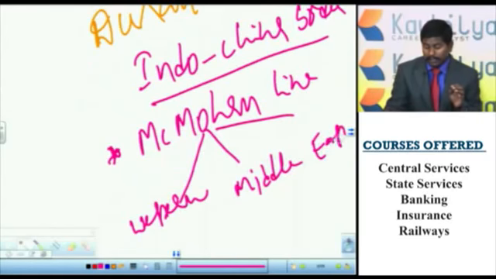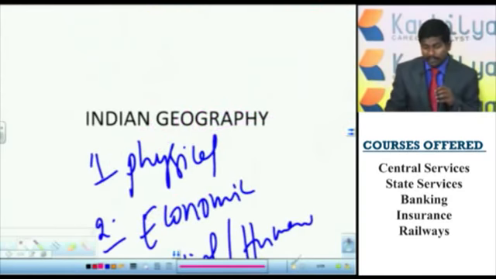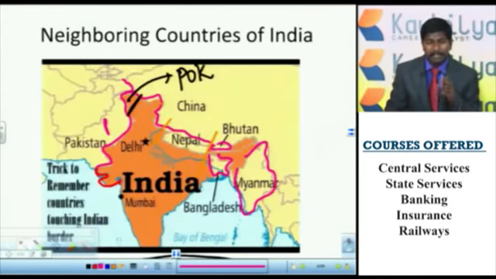But today this border is a disputed region, because when the present Communist Party of China came to power, it openly declared that we are not at all respecting or recognizing the McMahon line. According to the Chinese, there is no official border between India and China. But according to Bharat, according to India, we have the McMahon line as the border between India and China.